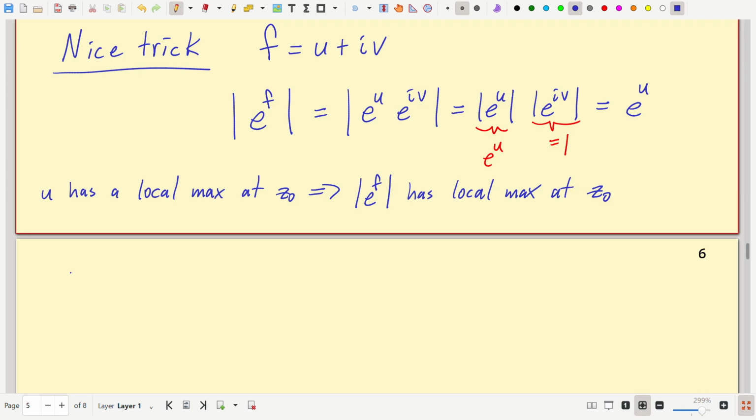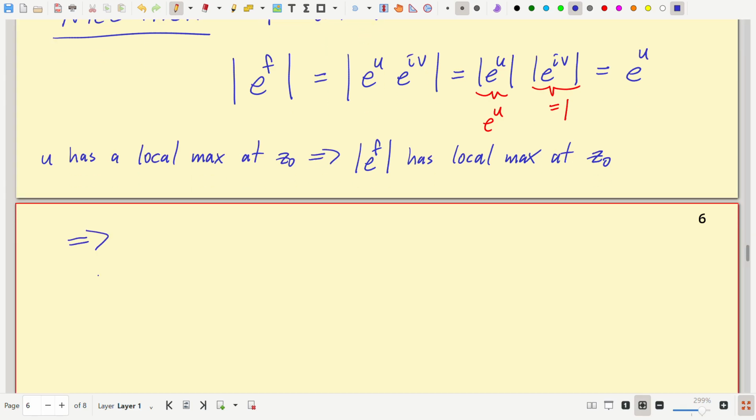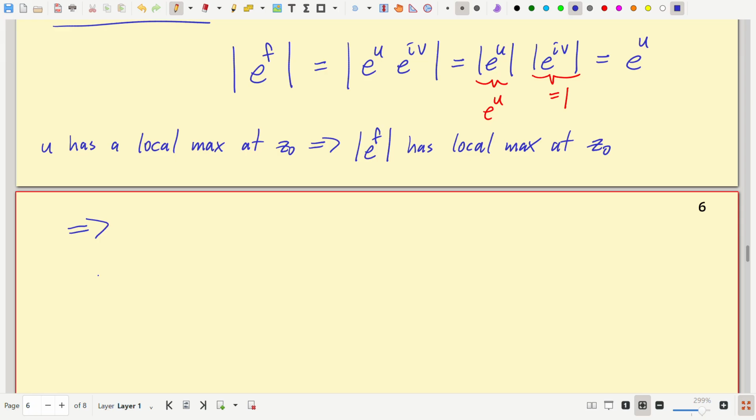And that would imply that e to the f is constant. And that implies that u is constant.